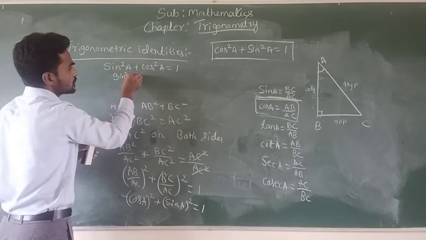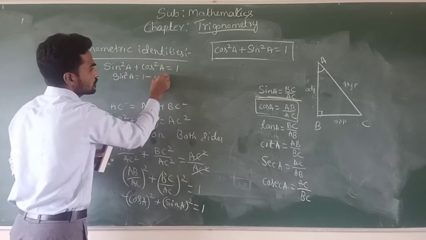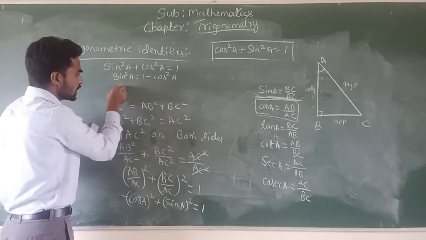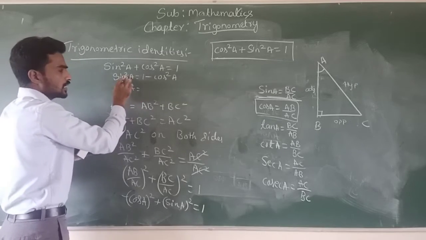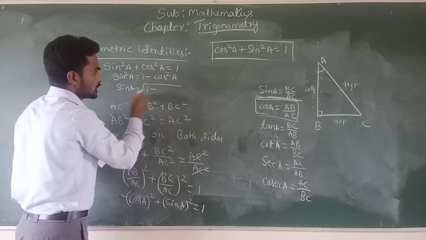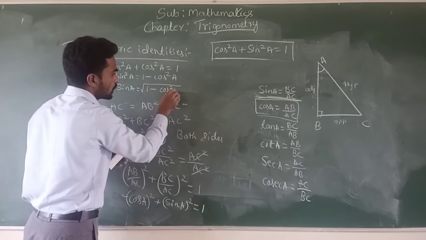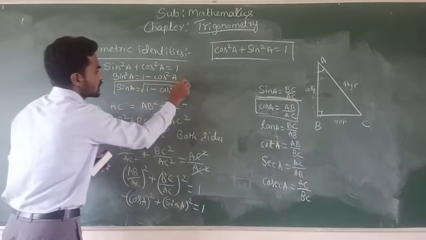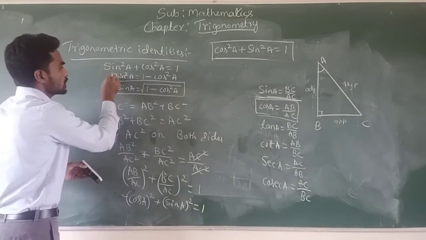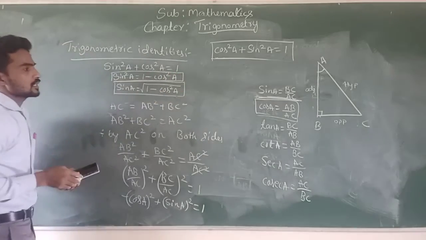Then sin square A is equal to 1 minus cos square A. Then sin A is equal to, take the square to the right side, then that becomes square root of 1 minus cos square A. Sin A is equal to square root of 1 minus cos square A. Sin square A is equal to 1 minus cos square A.